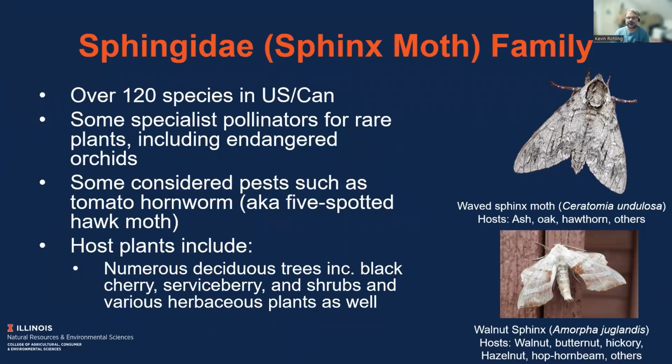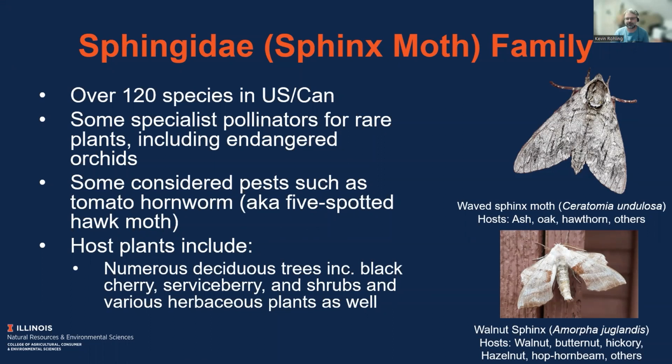Another group of moths that are quite large are the Sphingidae or Sphinx moth family, also known as the hawk moths. And there are over 120 species in this family in the US and Canada.